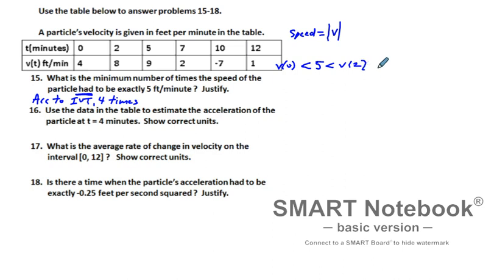So that's one instance. Going the other way, we have 5 is greater than, we're going the other way here, greater than v of 7, but less than v of 5. So that's 2 instances.